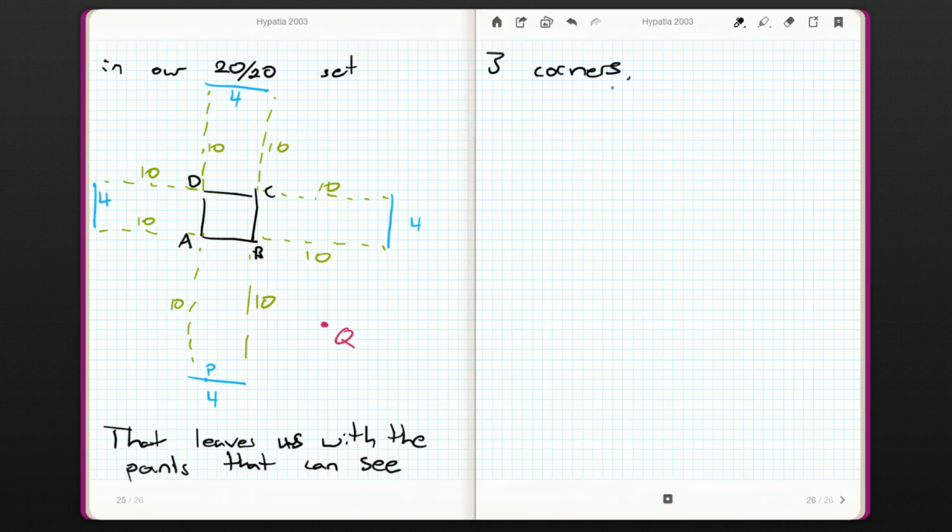And hopefully you did my little verbal exercise before. Think, how can we move Q around and still get a visible area of 20? Think about that again for a second. Can we move Q around at all? Or is Q sort of fixed there, and then there'll be another point somewhere else up here, somewhere else down here?